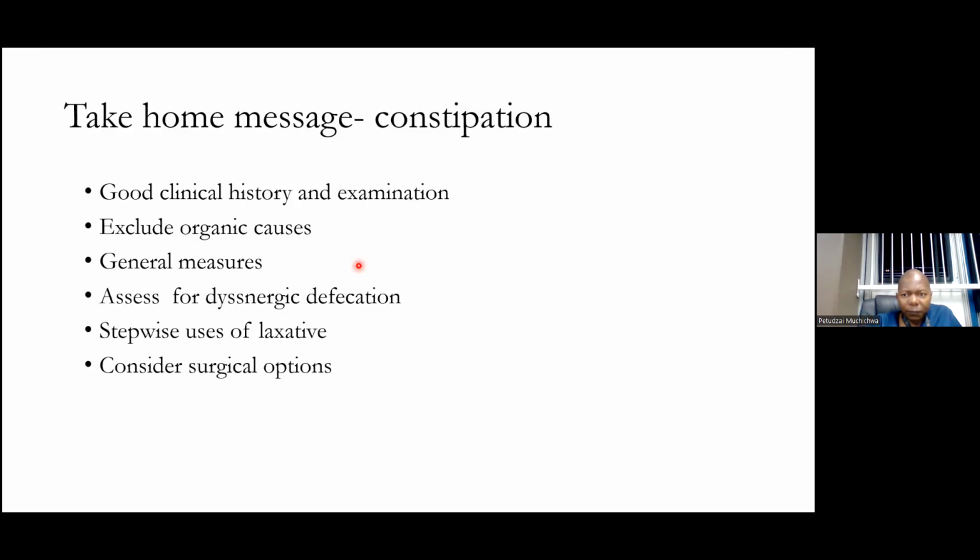I do have take-home messages for patients with constipation. The key there is good clinical history and physical examination. Exclude organic causes. Take cues from alarm symptoms. When we're managing them, general measures first, if we've excluded major issues.